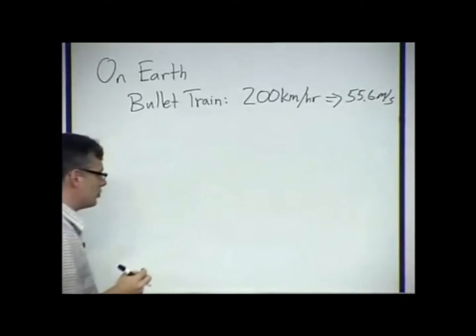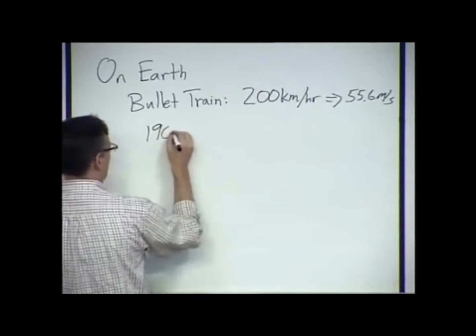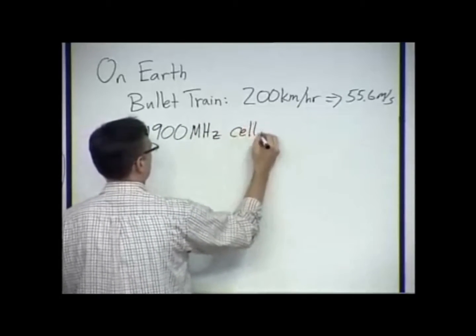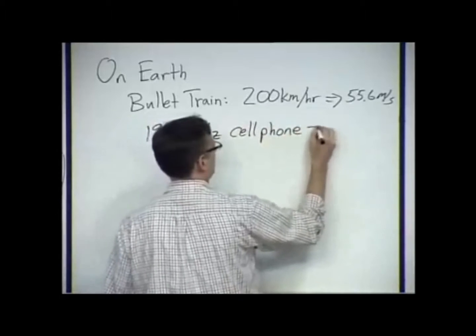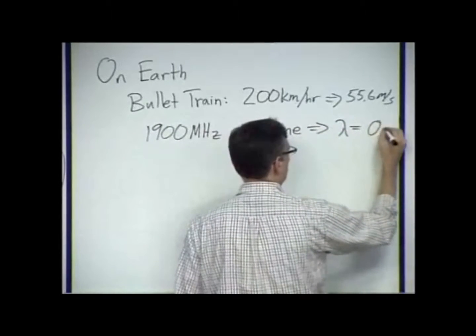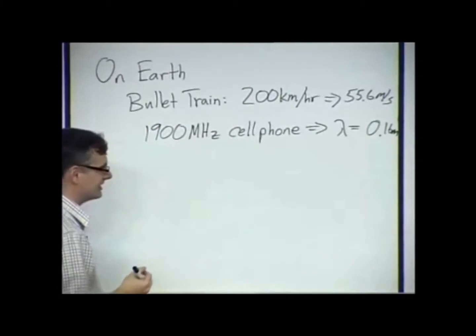And you're talking on your handset, let's say using the upper bands of about 1900 megahertz on your cell phone. In this case, your lambda is equal to 0.16 meters, a little bit shorter than the GPS example.